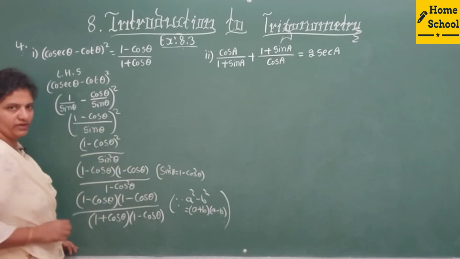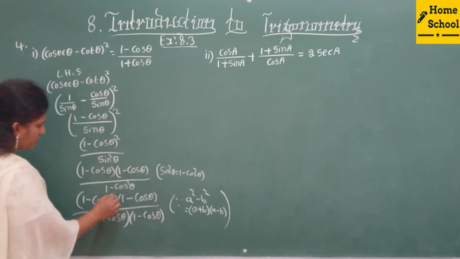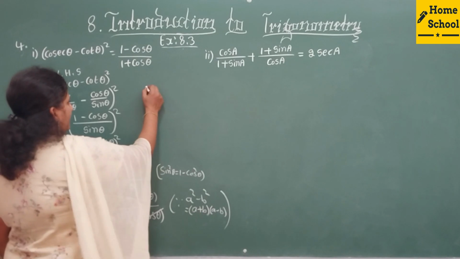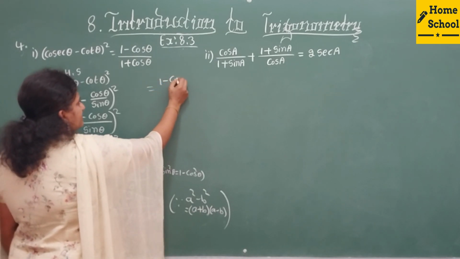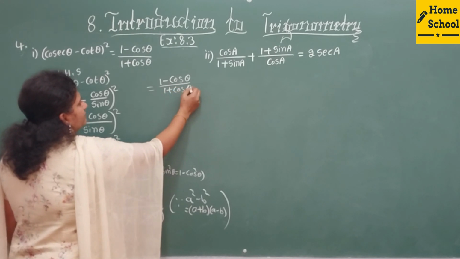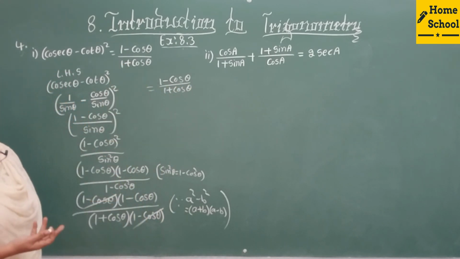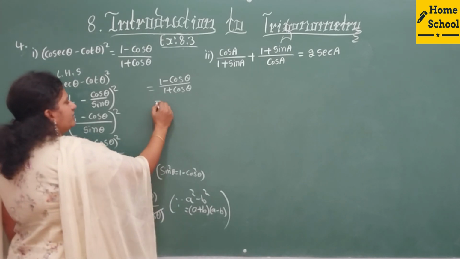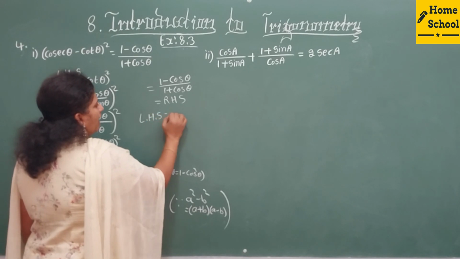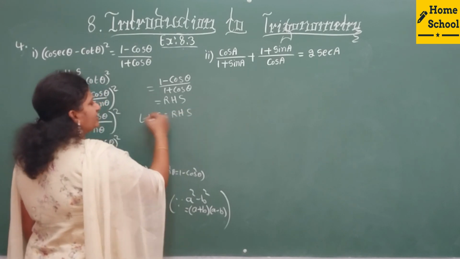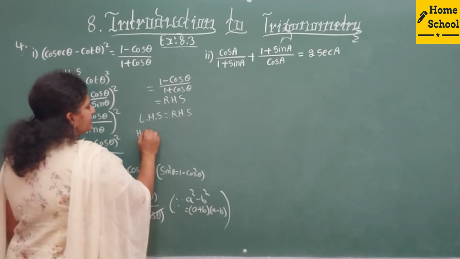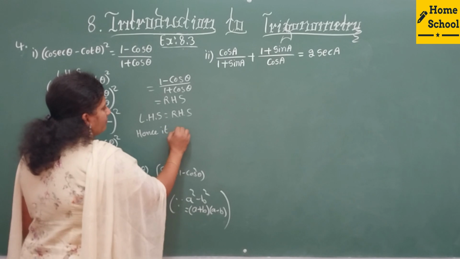We have used this one. Right? Now what happens? 1 minus cos theta, 1 minus cos theta cancel. That equals 1 minus cos theta by 1 plus cos theta. Observe RHS. It is already proved. Therefore, this equals RHS. LHS is equal to RHS. Rewrite the question again. And say hence it is proved.